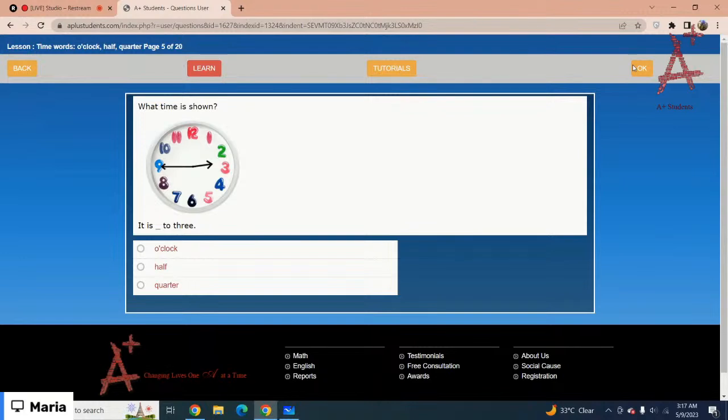You can see the hour hand points midway between 2 and 3, and the minute hand points to 9. That means it is 2:45. So how can we say it? Just 15 minutes to 3. 15 minutes means a quarter. So you can say it is quarter to 3. The correct option is quarter to 3.